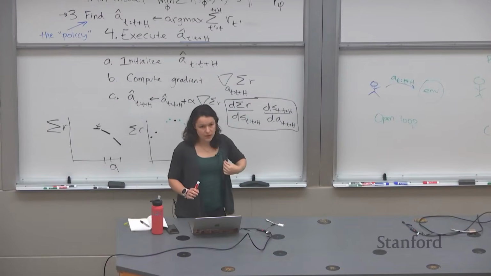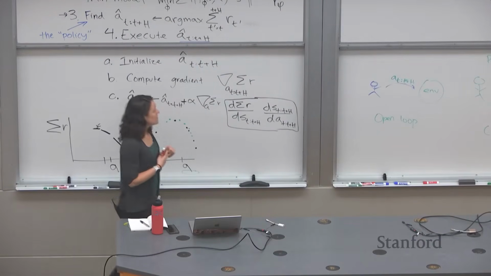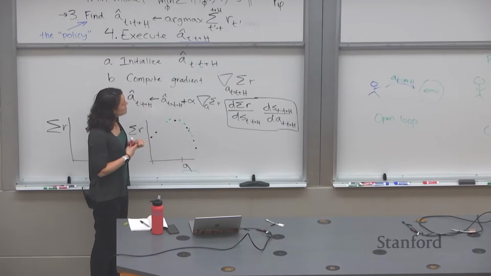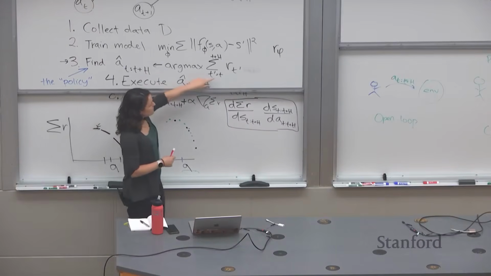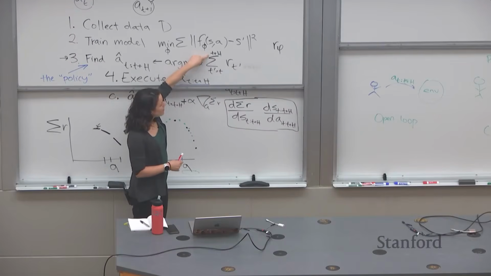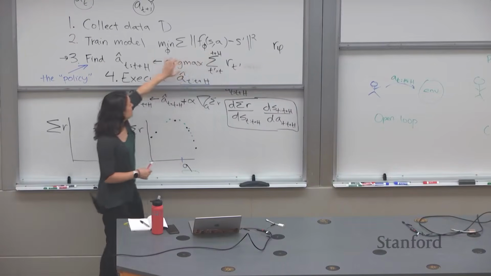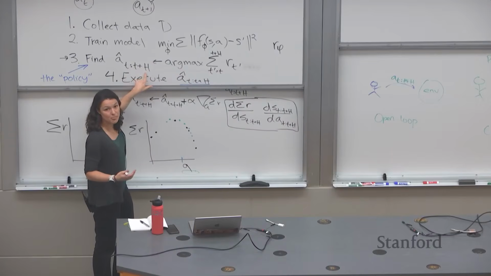And then in terms of using models for longer horizon problems, there's two main solutions. The first solution is that right now we're optimizing for a sum of rewards from t to t plus h. And if we want to optimize for a longer horizon of rewards, so far the way that we would have to do that is by optimizing over a longer horizon of actions, which gets higher and higher dimensional.